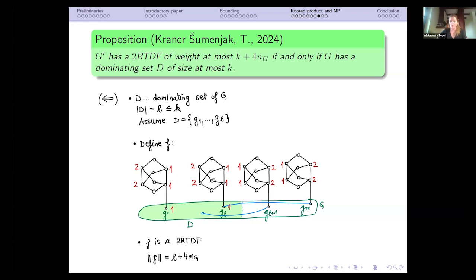This is certainly true for these four vertices, and so on. Also for these vertices, because they see 1 in the dominating set; I didn't say, but every vertex in the dominating set is colored by 1. So we have 1 as a neighbor, and we have 2 as a neighbor above. So this really is a two-rainbow total dominating function of this graph with this cardinality, which is obvious.